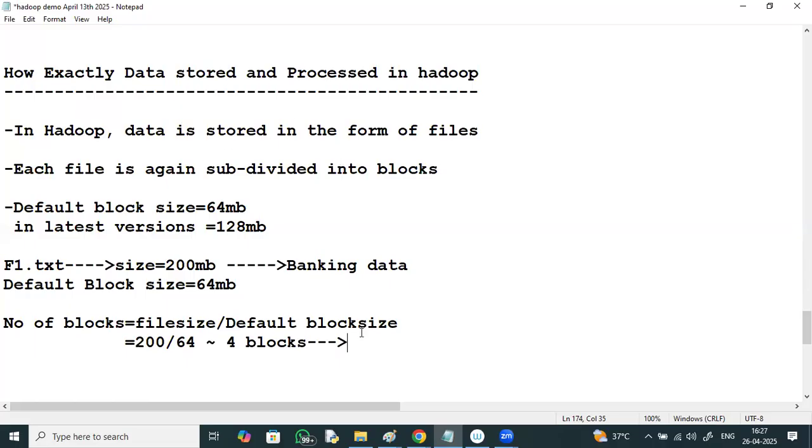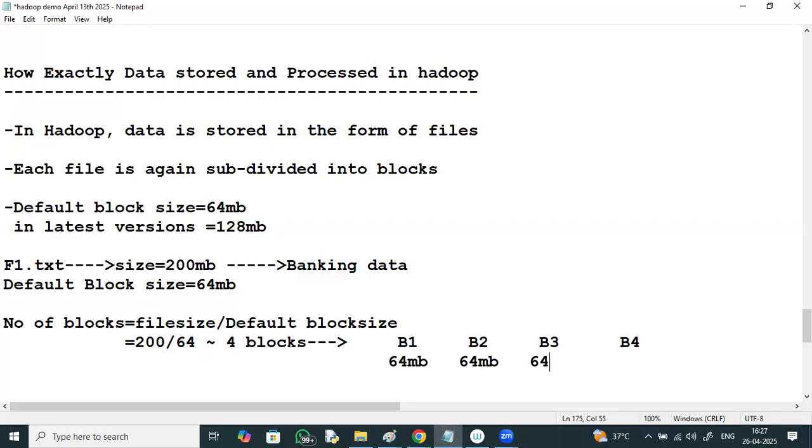4 blocks means B1 block, B2 block, B3 block, B4 block. B1 is 64 MB, B2 also 64 MB, each a fixed size block.